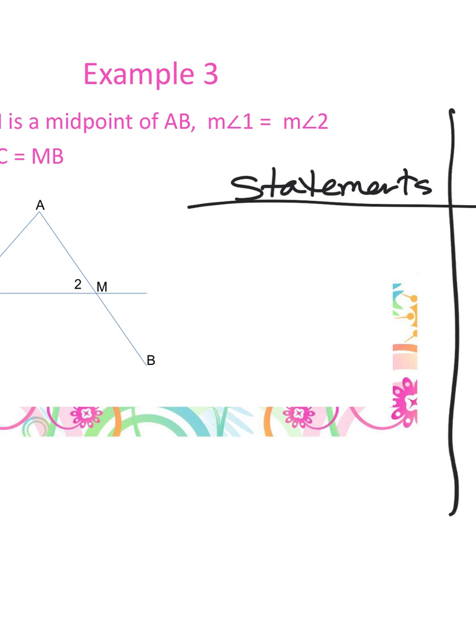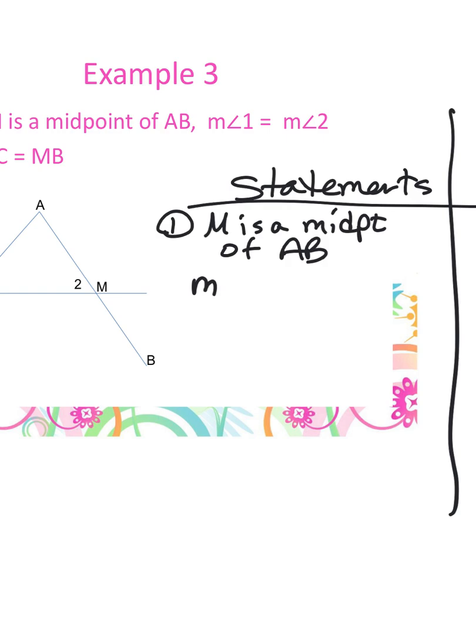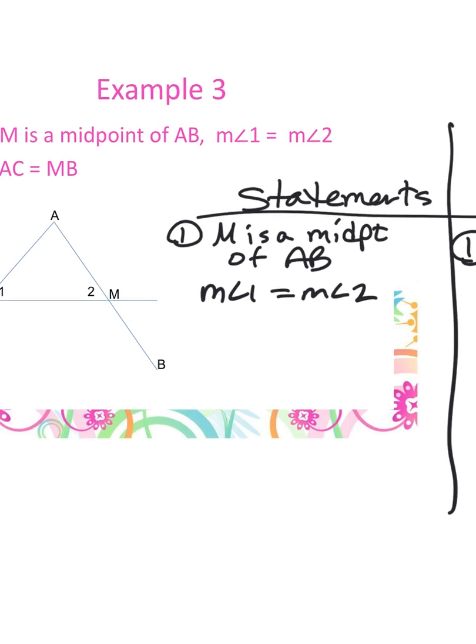So again, state your given. So M is a midpoint of AB, and the measure of angle 1 equals the measure of angle 2. And that's given. And I'm going to label my picture with this given.